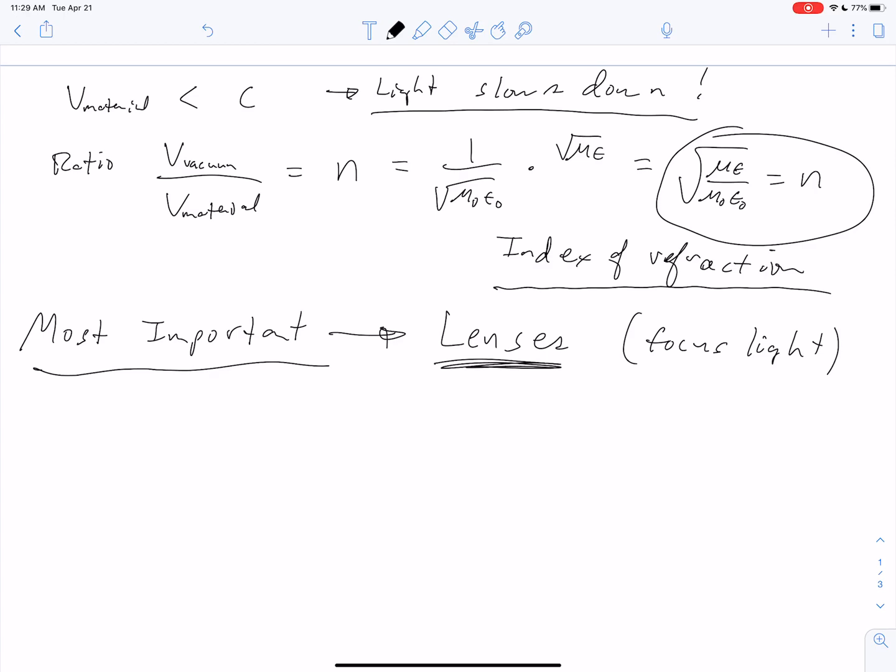So let's talk about what happens when light hits a lens.